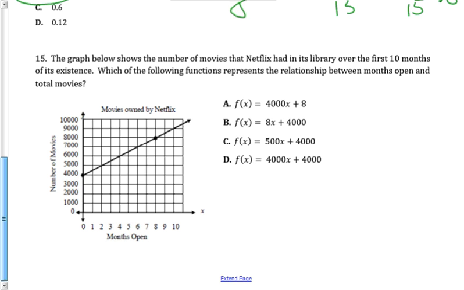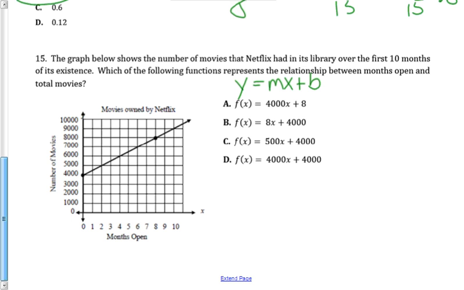Number 15. The graph below shows the number of movies that Netflix had in its library over the first 10 months of its existence. Which of the following functions represents the relationship between months open and total movies? So we've got 4 functions here. We want to figure out which one represents this line. Each of these is in y equals mx plus b form.